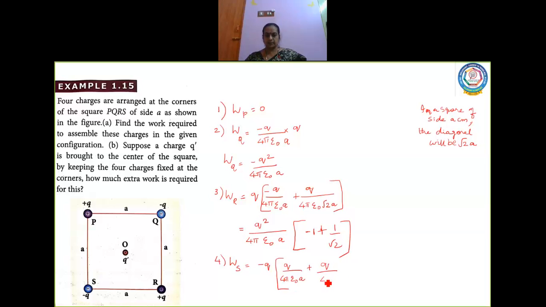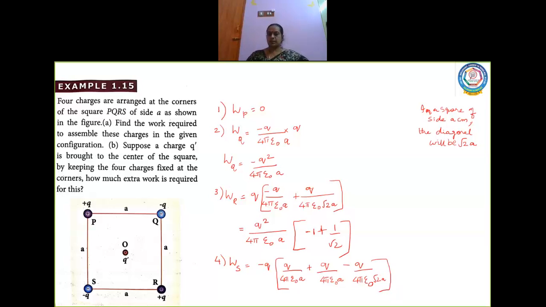So it is again 4 pi epsilon naught a. Now when I consider the charge at Q, it is minus q by 4 pi epsilon naught distance. It is root 2 a because again it is a diagonal distance.